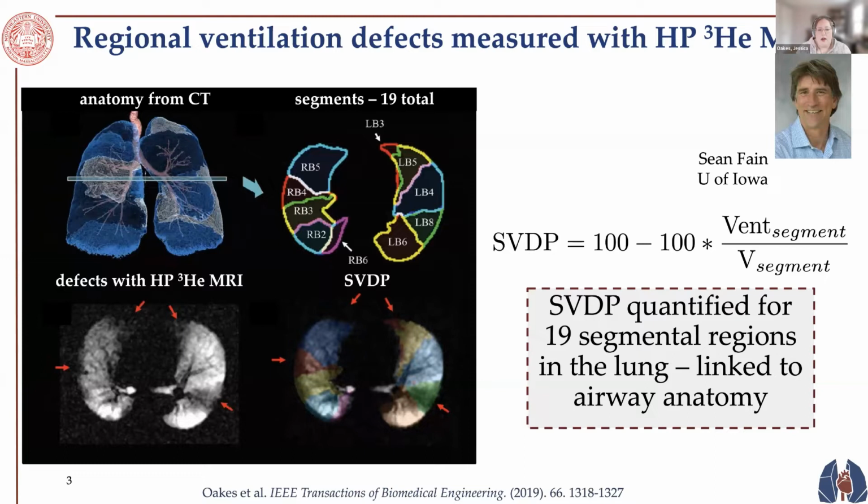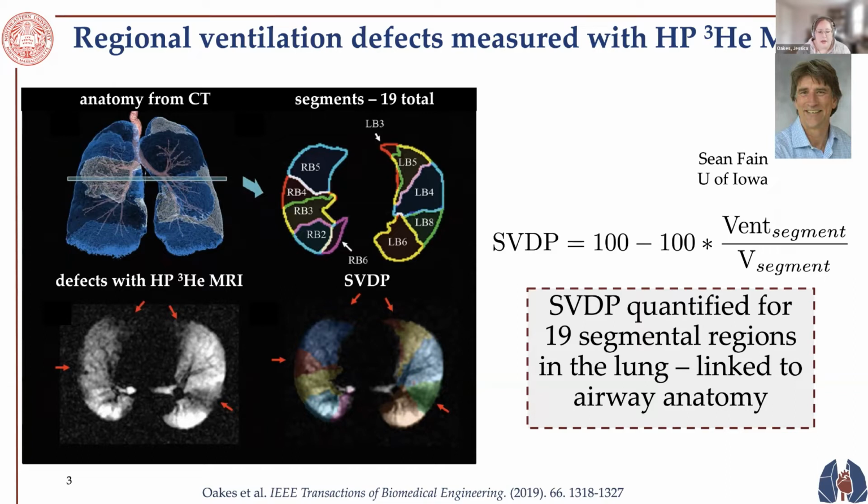So our group works with Professor Sean Fain at University of Iowa to integrate medical imaging data into computational models of the airways. We leverage data that his group collects, specifically CT data and MRI data.